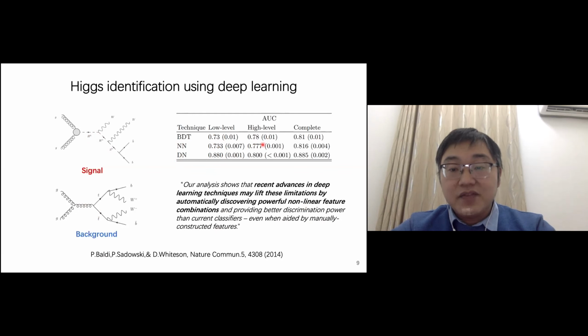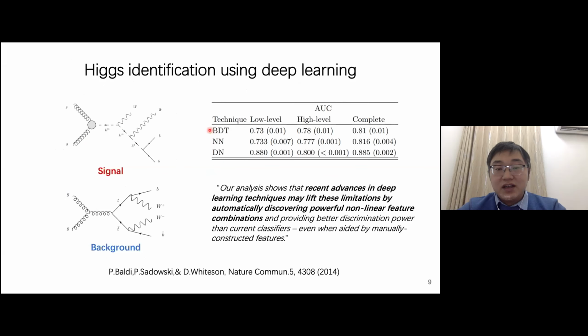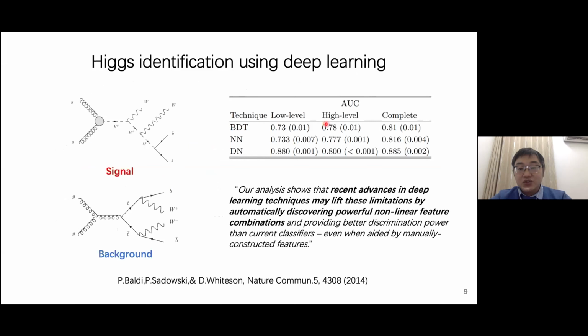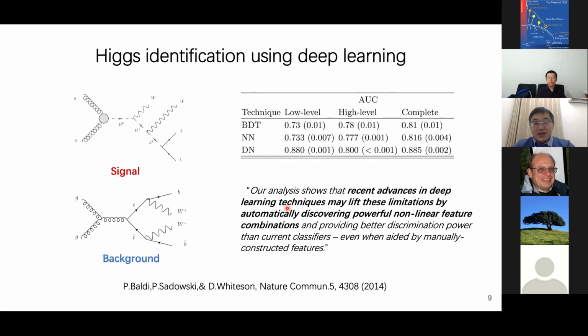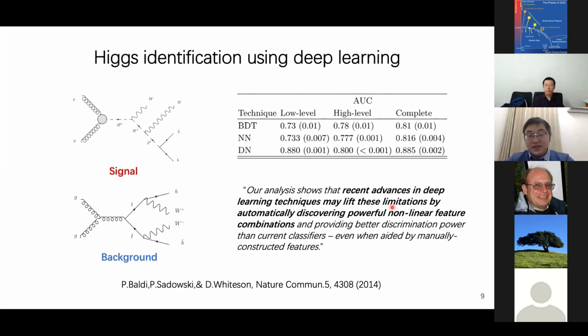These are high-level features designed by humans. So a deep neural network works better than a shallow neural network and a boosted decision tree. They claim that these deep learning techniques may lift these limitations by automatically discovering powerful nonlinear feature combinations and providing better discrimination power than current classifiers.